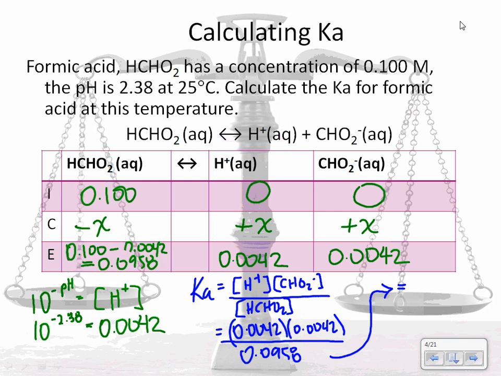And I get a Ka value of 1.8 times 10 to the negative 4. So again, a small Ka value indicating we do have a weak acid.